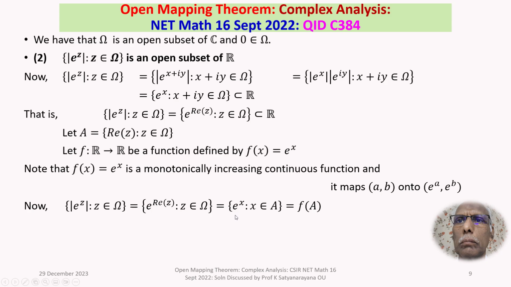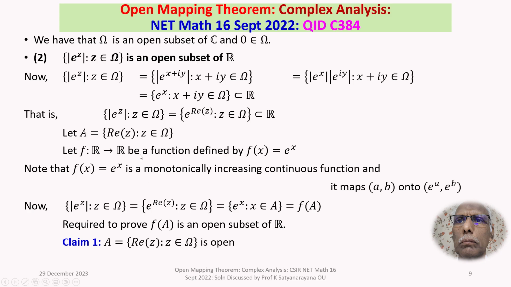That is precisely equal to the set of all e to the power of x, x belongs to A, where A is equal to the set of all real parts of z, z belongs to omega, and that will be equal to f of A. Required to prove that this is open in R, that means f of A is an open subset of R. So first we claim that our set A, the real part of z, z belongs to omega, is an open subset of R.